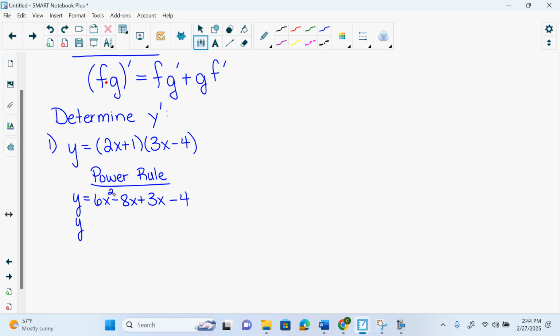That should be 6x squared minus 5x minus 4. Do we agree? Now some people box it and move on. Have you found the derivative at all? So no, don't move on. Y prime equals what? 2 times 6, which is 12, x to the 1 minus 5. So that's using power rule. And sometimes power rule is faster.